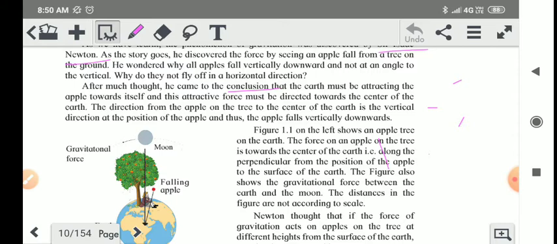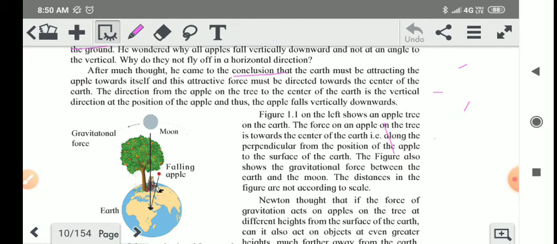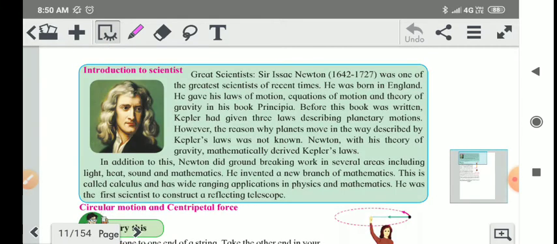Also, earth attracts objects from a higher height like the moon and other planets also. So this is the attraction force due to which objects fall on the earth's surface. Then next is the circular motion and centripetal force.